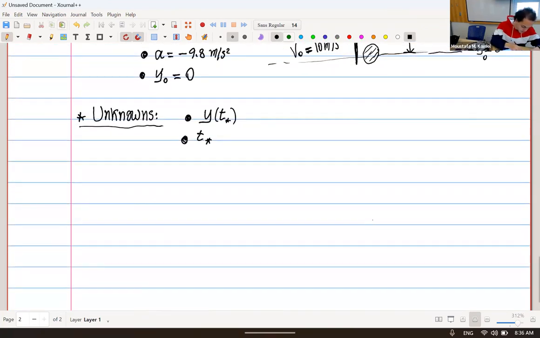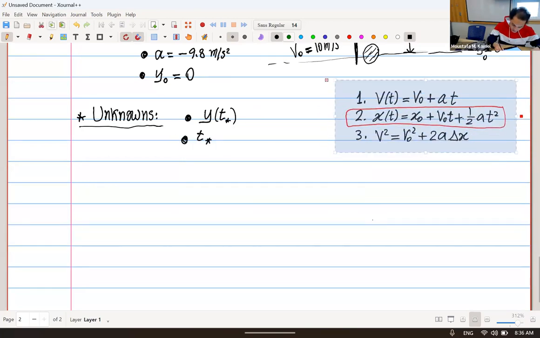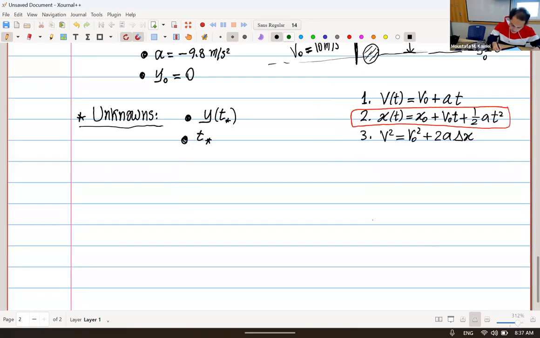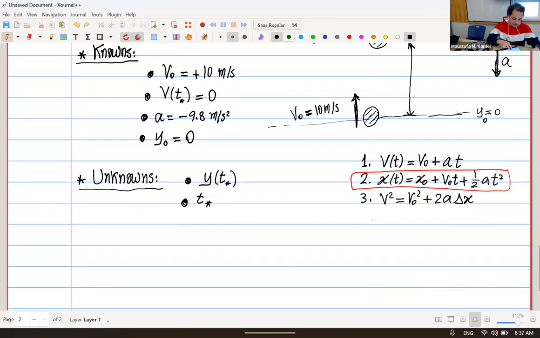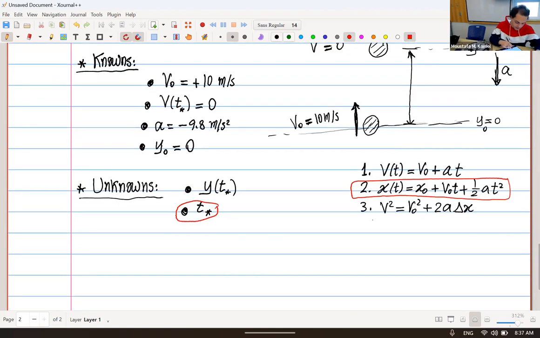So we will have the kinematic equations written here. Let's say we are trying to calculate the time first. We are given initial velocity, final velocity, and acceleration.